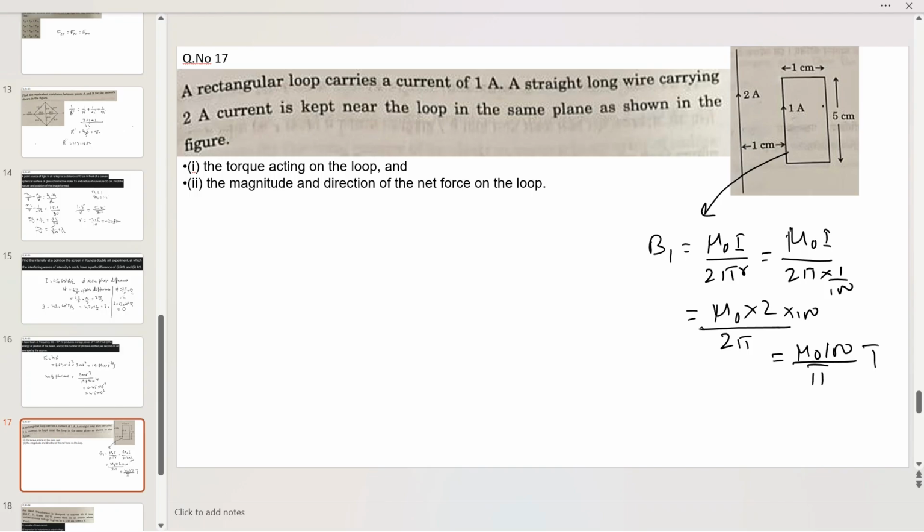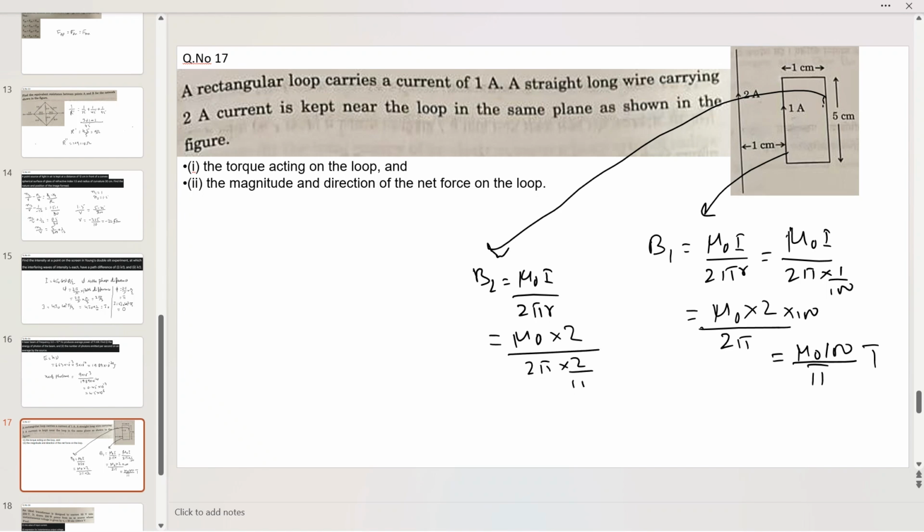Now the magnetic field produced by this wire at this other side will be B2, that is equal to μ0 I by 2 pi r. Here the distance is 1 centimeter plus 1 centimeter, 2 centimeters. So this will be μ0 into 2 by 2 pi into 2 by 100.